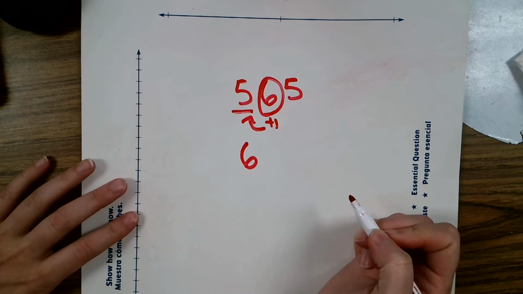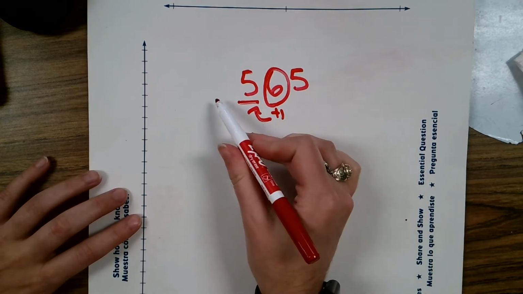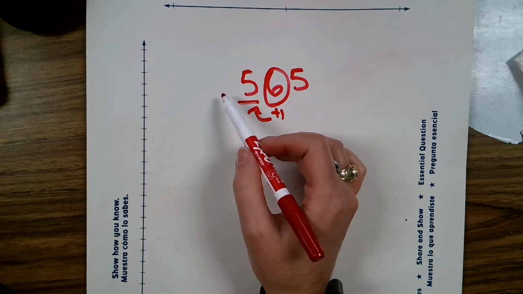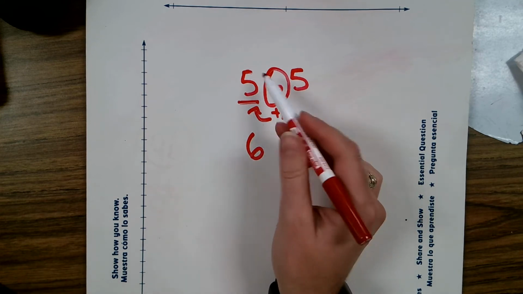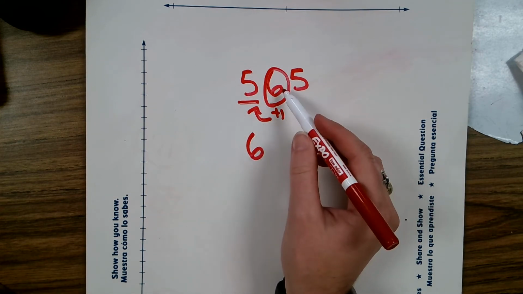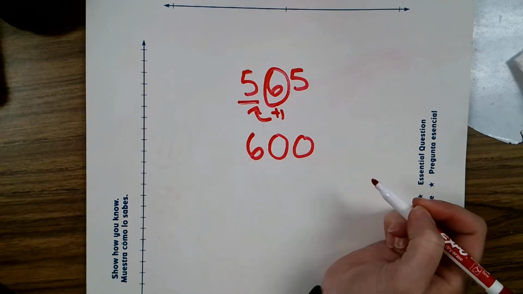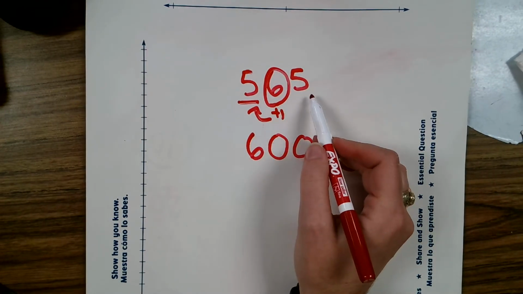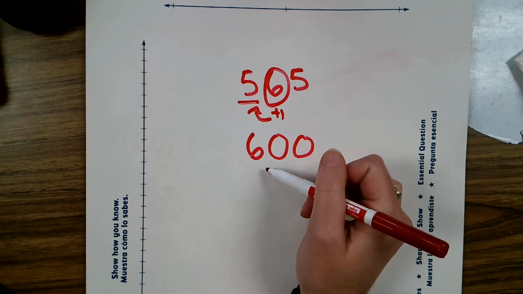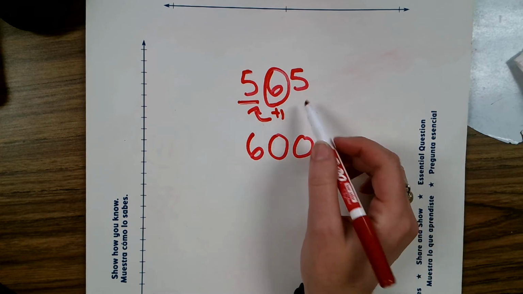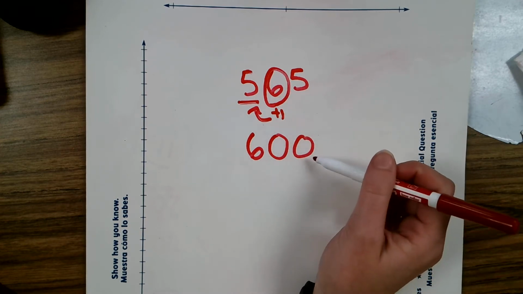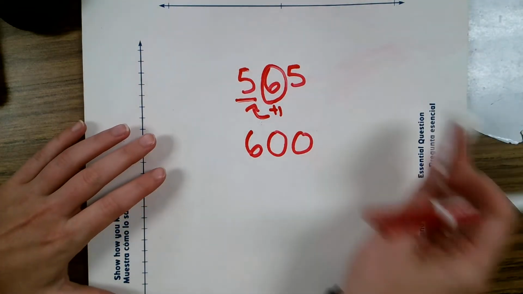So 6. Okay, nothing in front, so numbers in front stay the same. Bring down your number. Numbers behind, zeros their name. Okay, so 565 would be 600. So rounding 565 to the nearest hundred is 600. Okay?